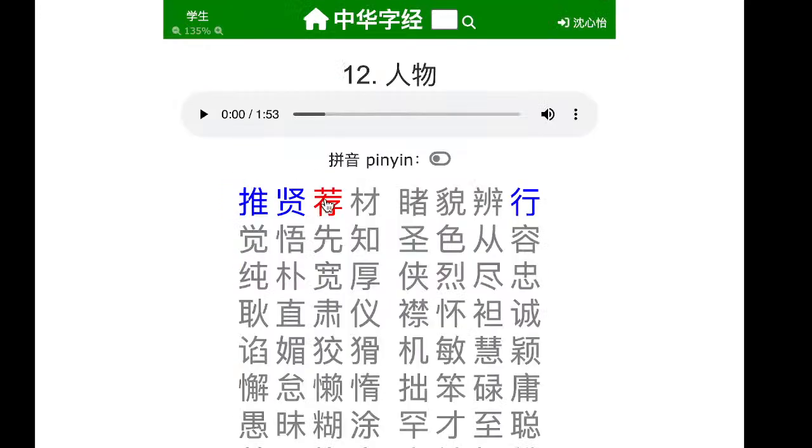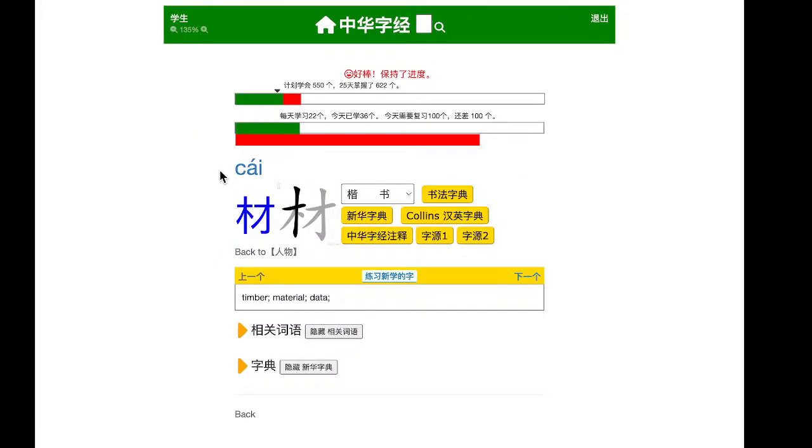And we talked about 才. This 才 means material. And you can also use this in 人才. If you're talking about 人才 with this 才, then you're talking about human resources, people who have abilities that are useful to your enterprise.